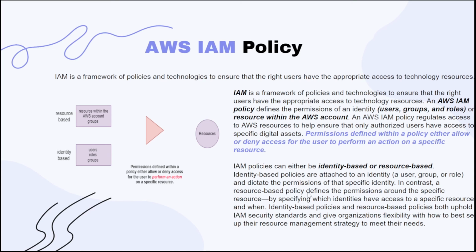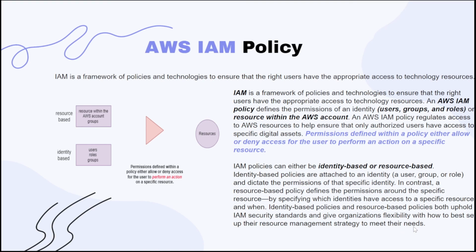In contrast, a resource based policy defines the permissions around the specific resource by specifying which identities have access to a specific resource and when. Identity based policies and resource based policies both uphold IAM security standards and give organizations flexibility with how to best set up their resource management strategy to meet their needs.